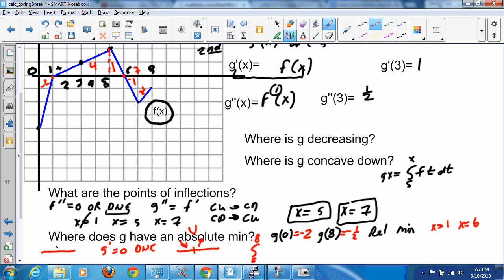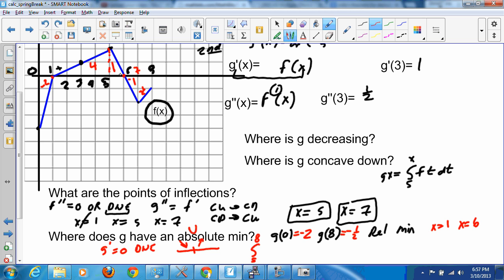If we have just the opposite, an increasing function that changes to decreasing on the other side of it, it indicates that we have a relative max. So we need to look for where the derivative is negative and then changes into positive. So negative changing to positive happens around 1.